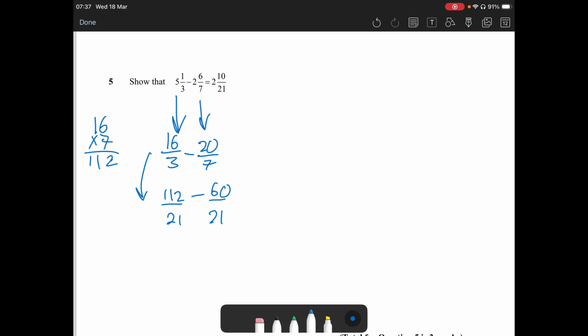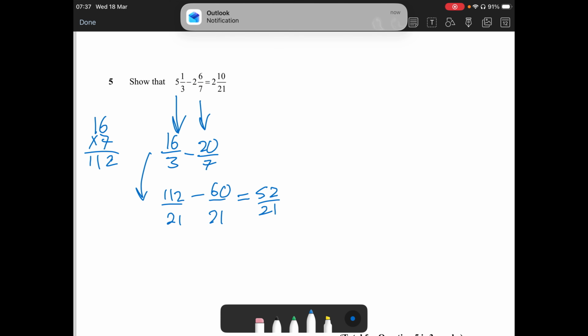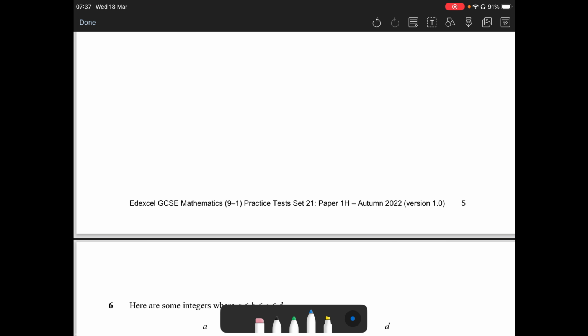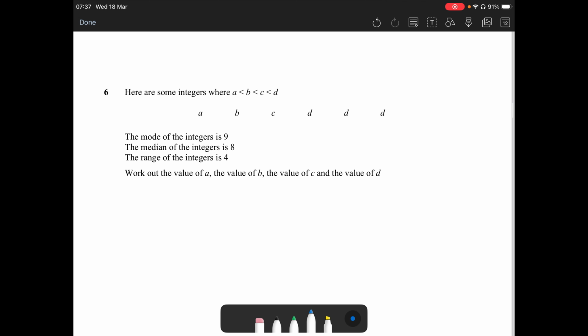This one's easier. 60. 112 take away 60 is 52. Over 21. You guessed it. Well, it goes in twice, remainder 10 over 21, which is the thing you're asked to show. Done.